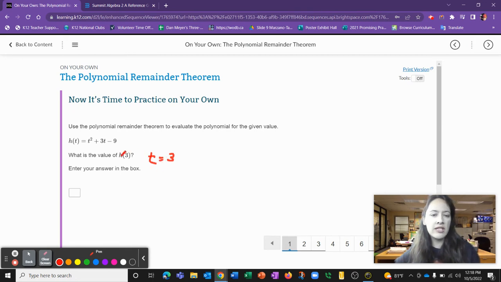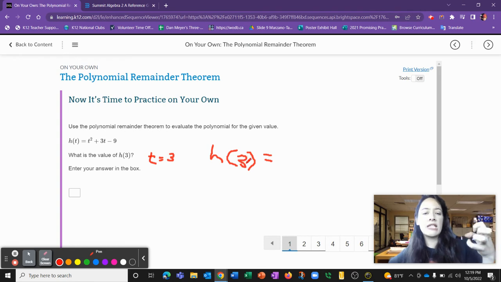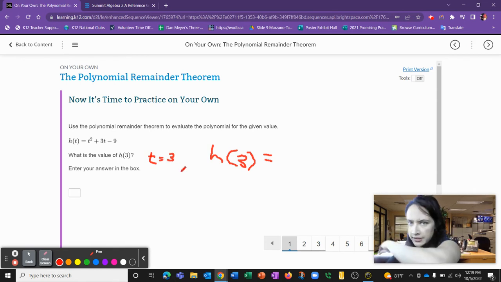Okay, that's all this is saying. And then the h of 3 equals is just our output. We just use it notationally, and I'm sorry, you guys, we just use that to say, hey, we're evaluating this function at 3, instead of having a separate line where we said when t equals 3, h equals this.